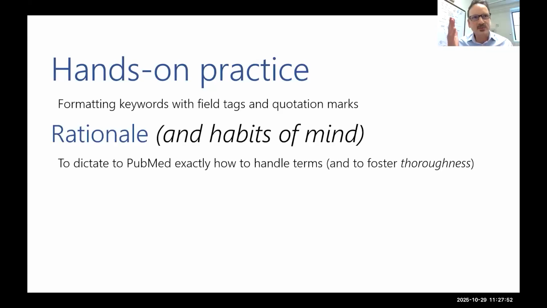It can also potentially split up a phrase into its component parts and AND them together, which also could be fine, but also could be problematic too. If one of the words is a commonly used word that has many contexts, that could end up giving you a bunch of off-target things. So to foster thoroughness, we're going to just say, put things in quotes and apply field tags.